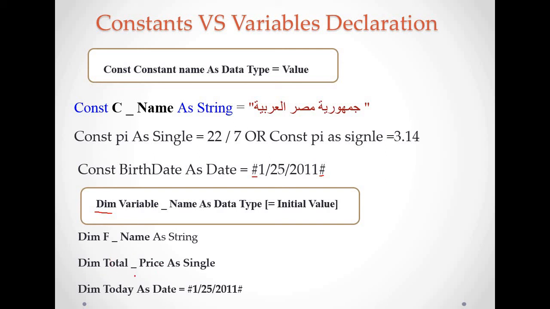This is the variable name, and this is the data type. Here it is Single, as we said. And also the date, we declare for the variable, and then we put the data type after the word As, and then here the date, as we said, can be variable and also can be constant.